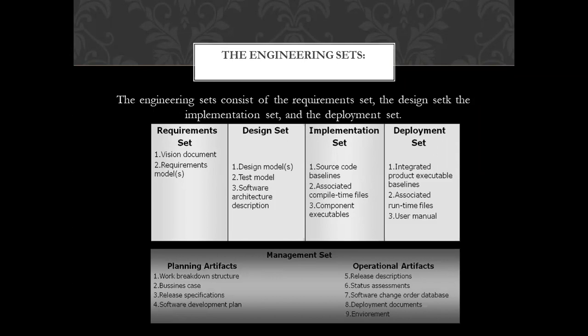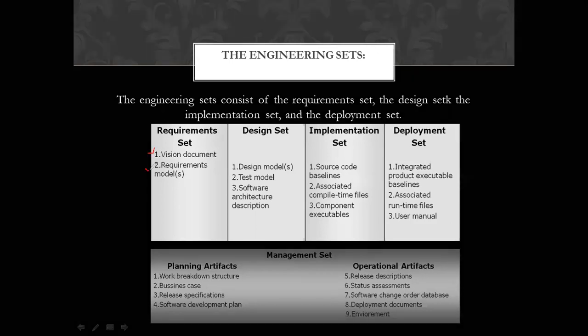For the implementation set, obviously your source code baselines, compile time files, and executable components, your modules. The deployment set comprises your user manual, runtime files, and product executable baselines. All the terms that you are watching over here in this slide, every set comprises some artifacts. They all are the artifacts.